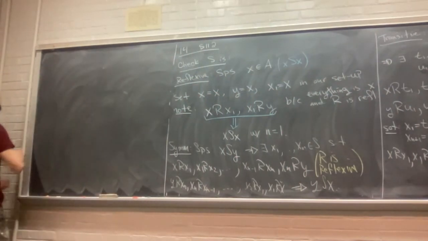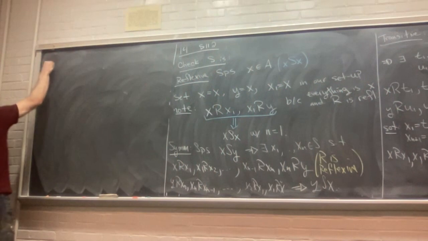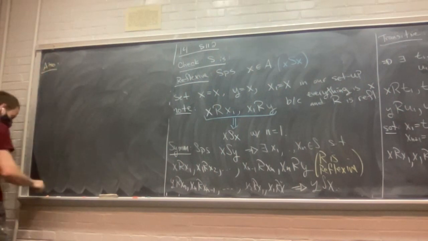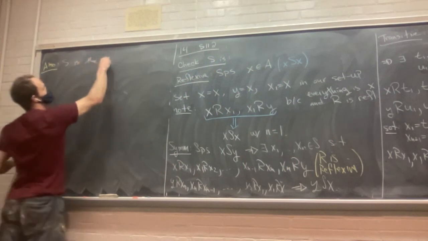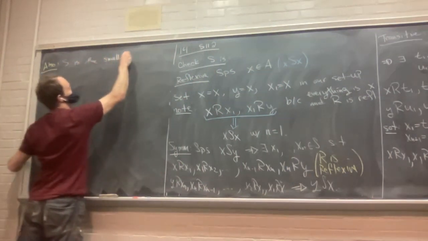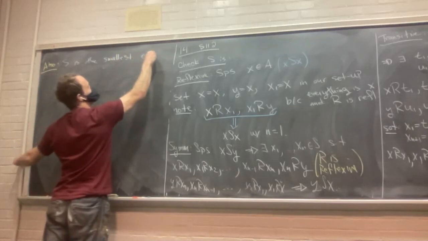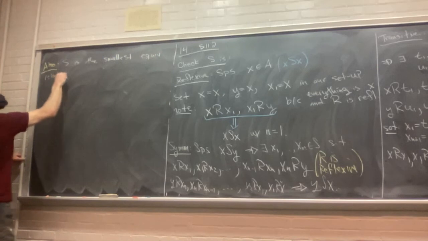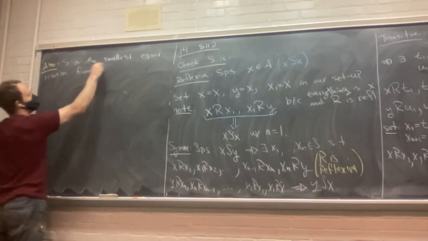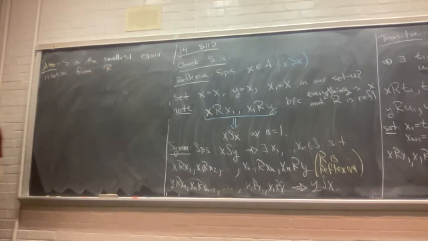So also, this S is the smallest equivalence relation from this R, right? That's what it says.